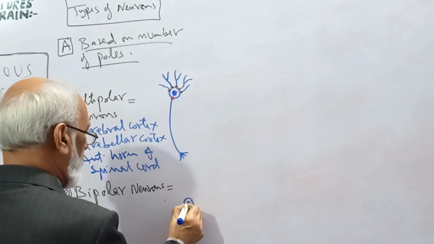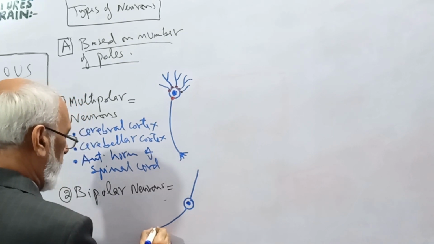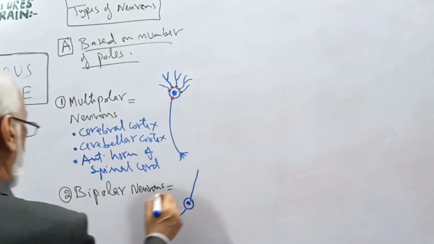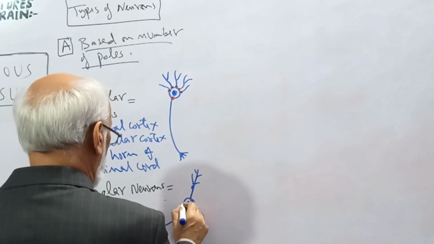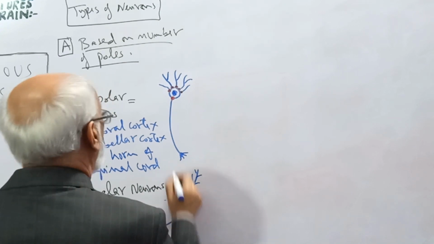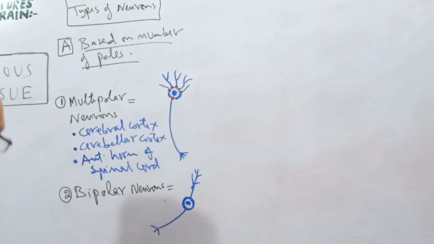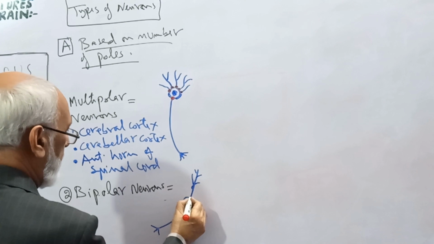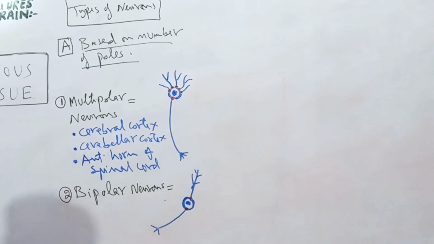For example, this is the cell body of a neuron, and this is the dendrite, and this is the axon. Here you can see there are 2 points or 2 poles from which 2 processes arise. Such neurons are known as bipolar neurons.